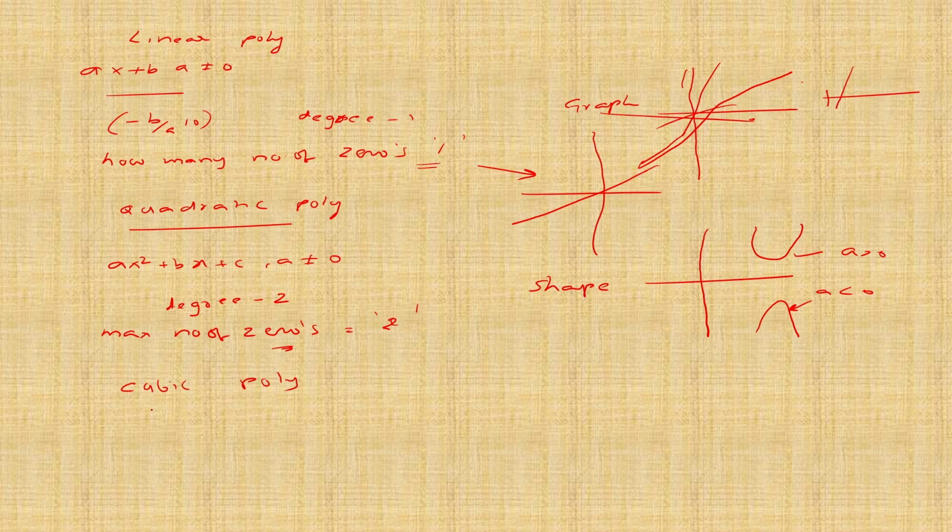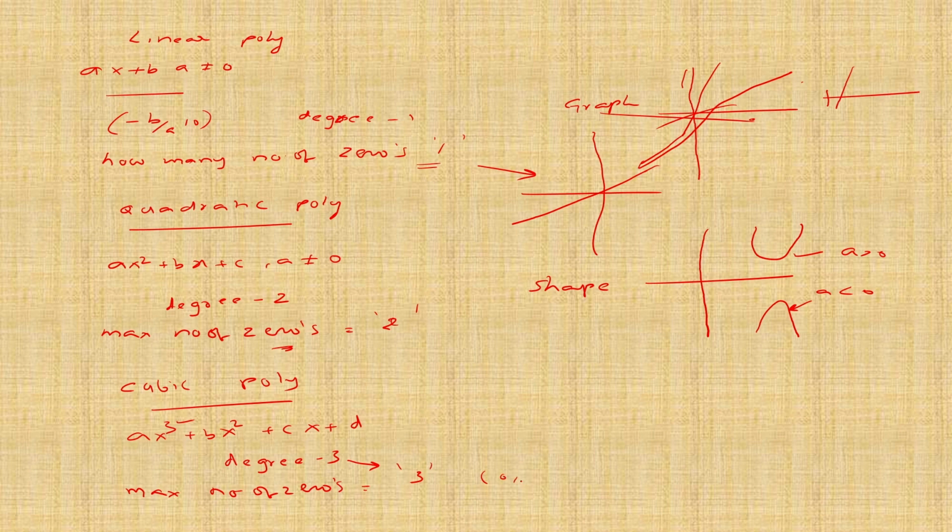Okay. Next, for a cubic polynomial, what is the general expression? ax cube plus bx square plus cx plus d. What is the degree for a cubic polynomial? Degree is 3. For a polynomial of degree 3, the maximum number of zeros is 3.